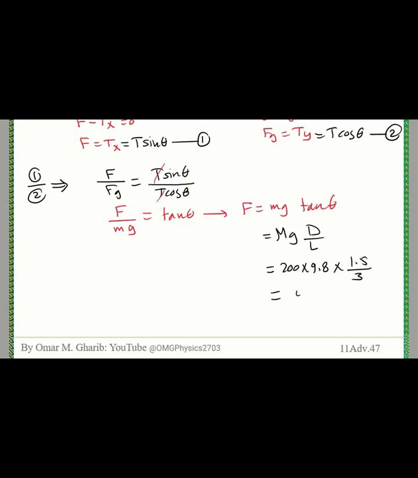The answer is 980 Newton, along the x-axis, right or left. So, yeah.